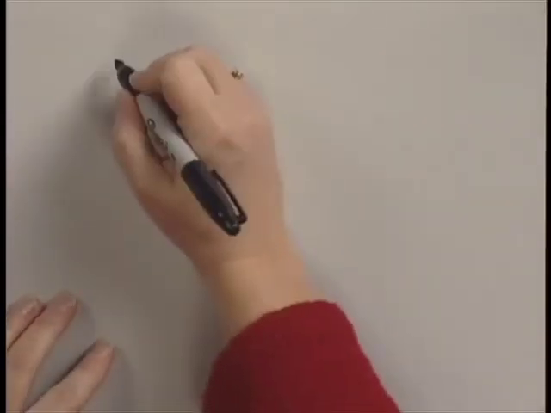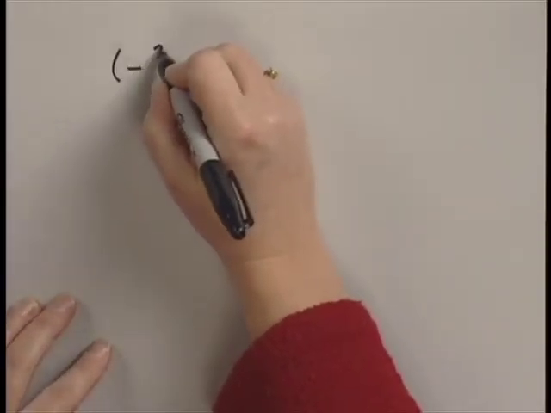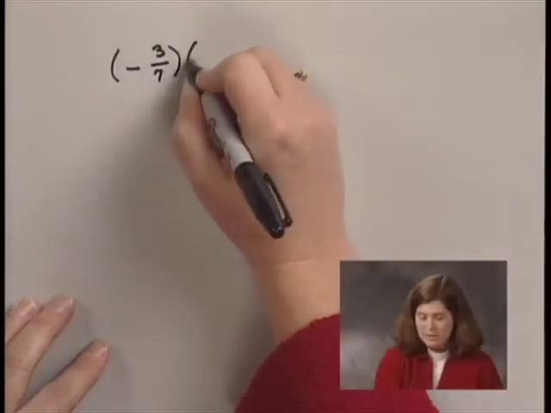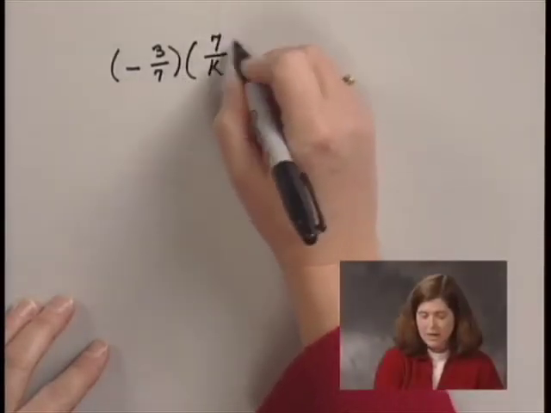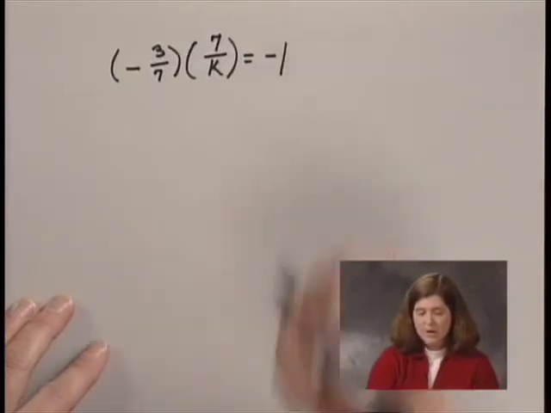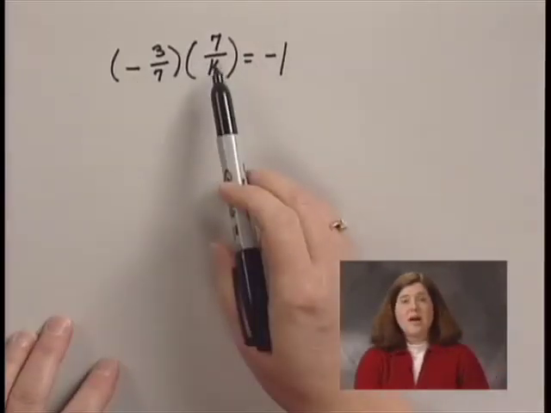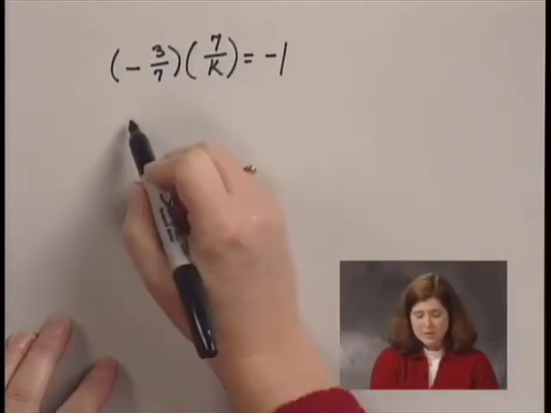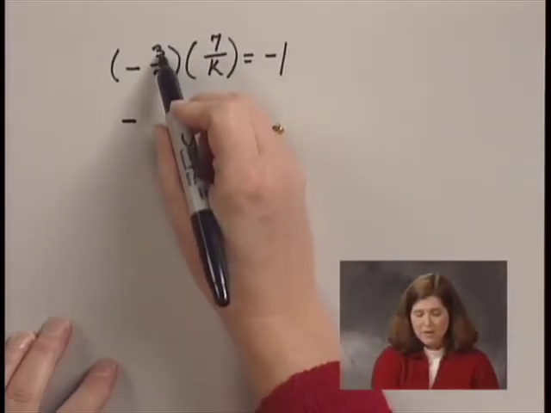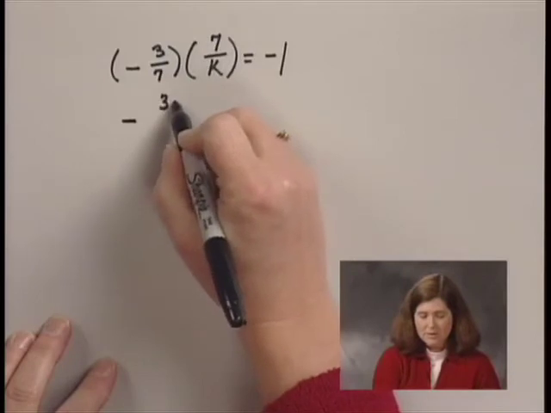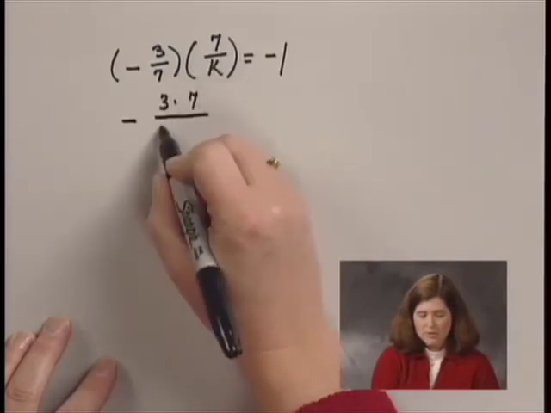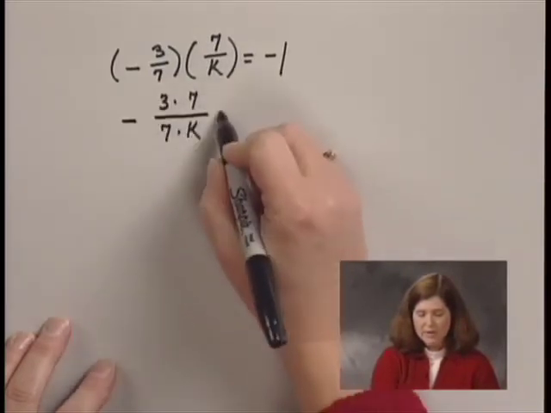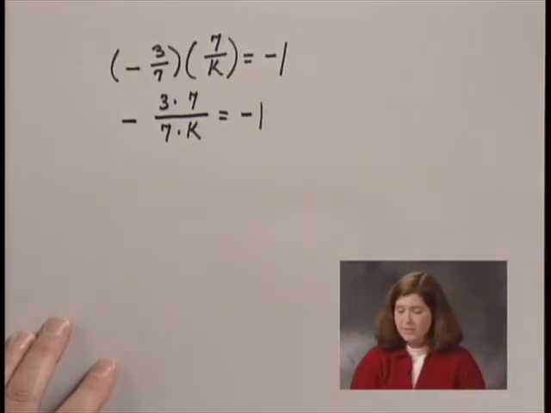The equation we're solving is negative 3 over 7 times 7 over k equals negative 1. To multiply fractions, we multiply the numerators and multiply the denominators. So we have negative 3 times 7 over 7 times k, and that equals negative 1.